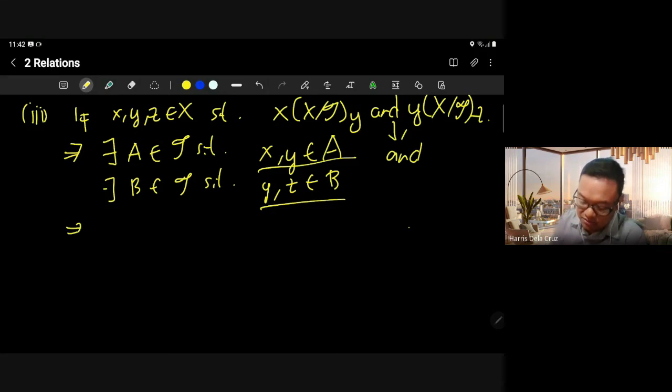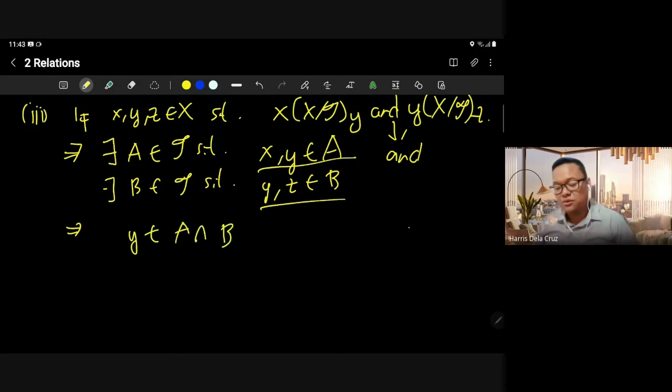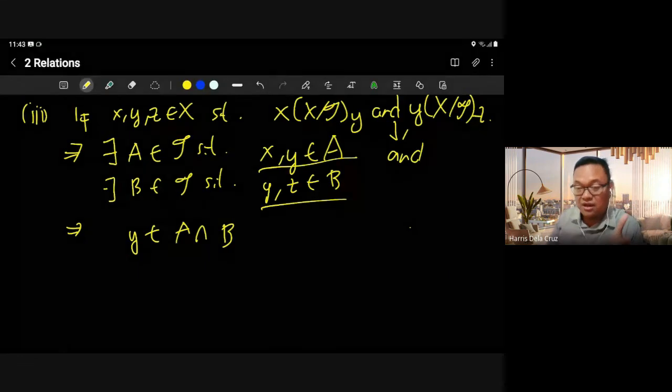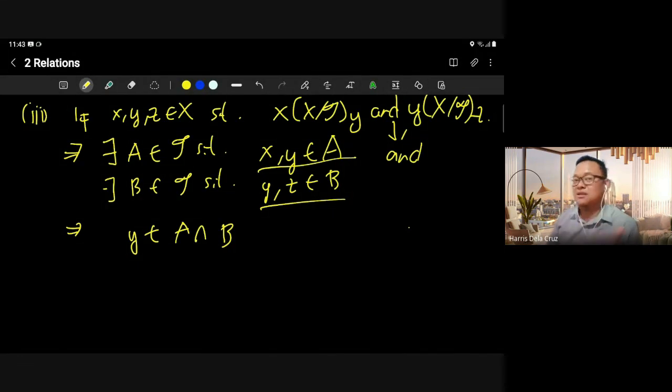So, if we have this and this statement, ano ibig sabihin nun? XY is in A and YZ is in B. Then Y is in A intersection B. Si A elemento ng partition. Si B element din to ng partition. So meron kang A intersection B na hindi empty. Nasa partition tayo. Ano sabi ng partition?